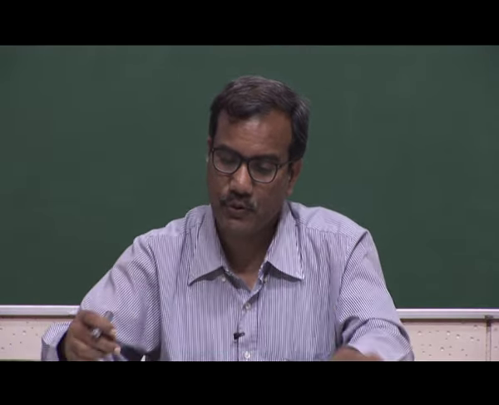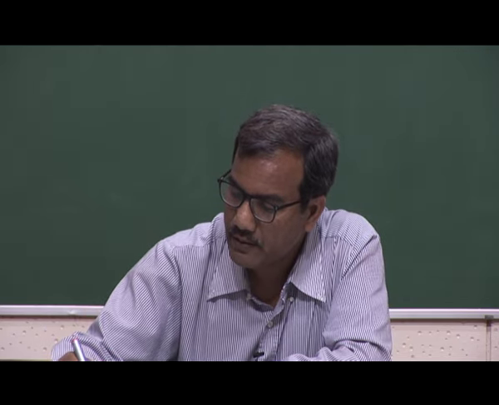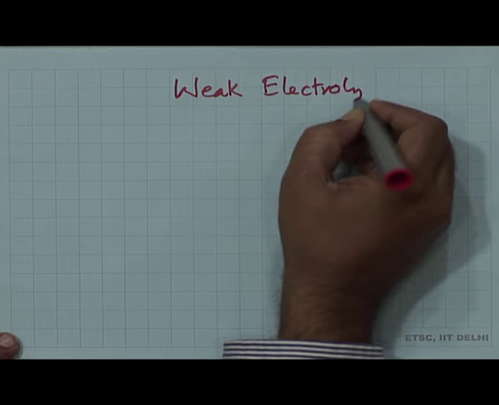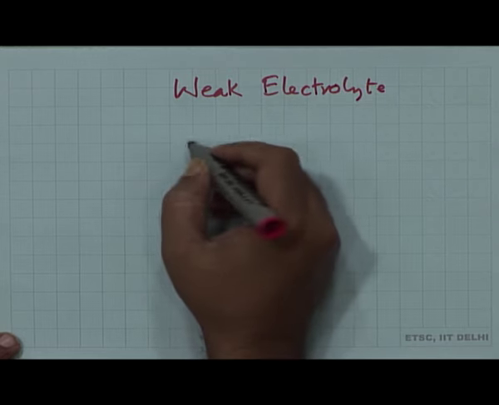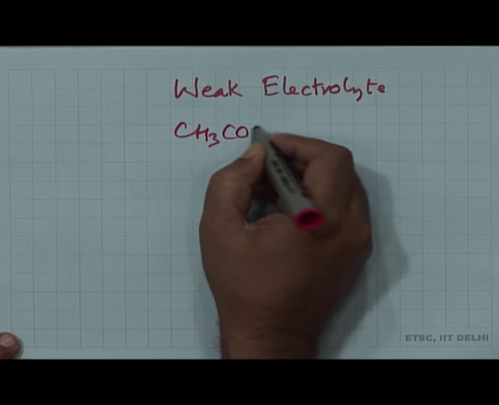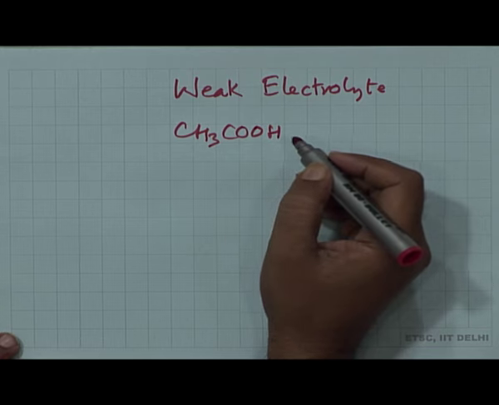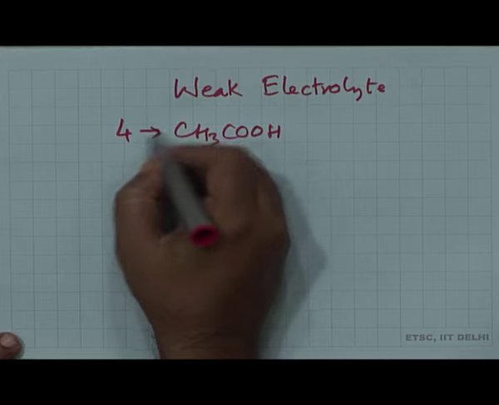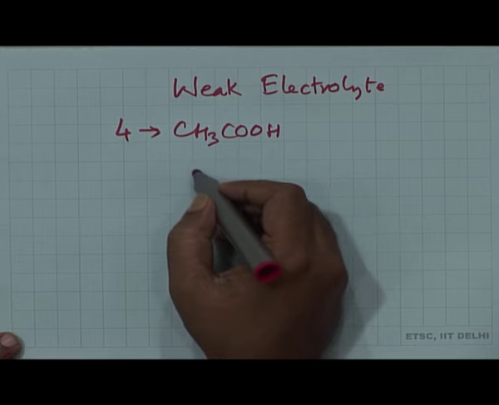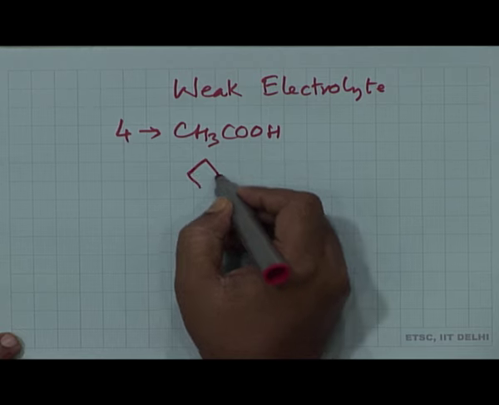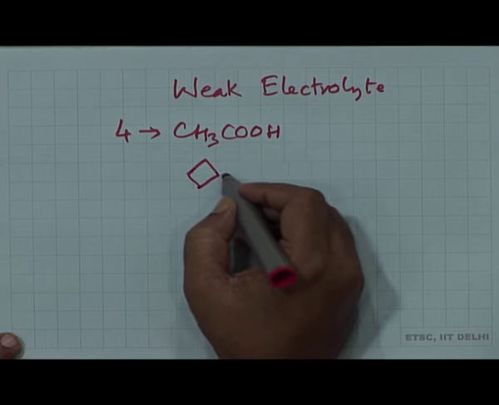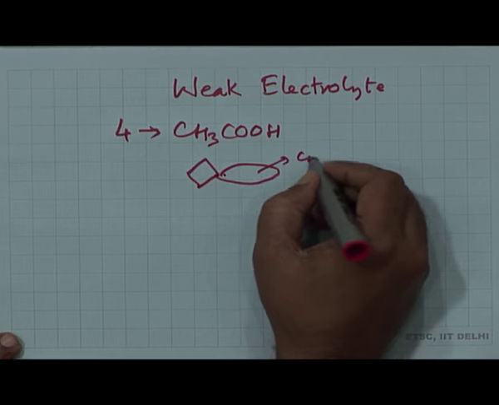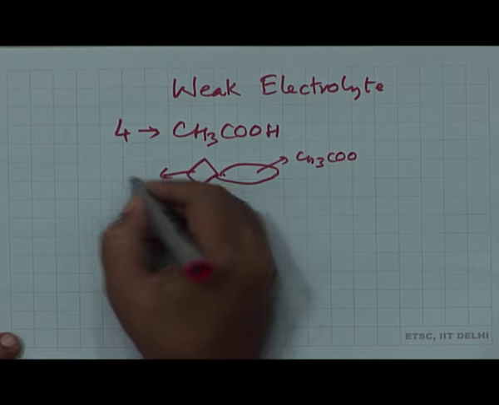Now, suppose I take a weak electrolyte, for example, acetic acid, and I take 4 molecules of acetic acid. This is your acetate ion CH3COO and this is your H plus.